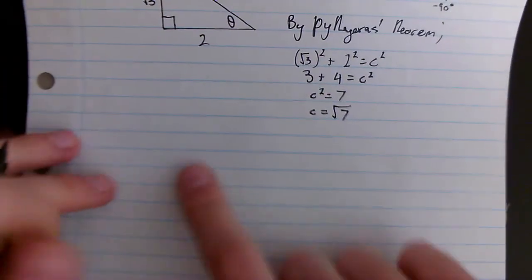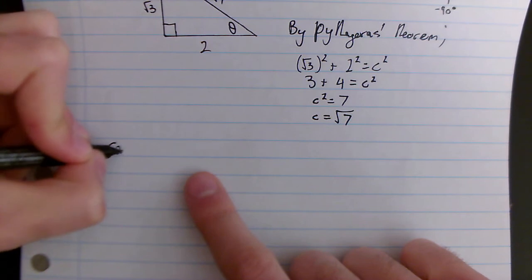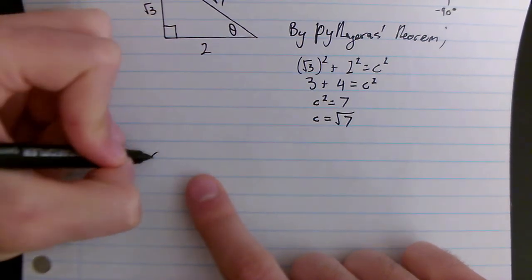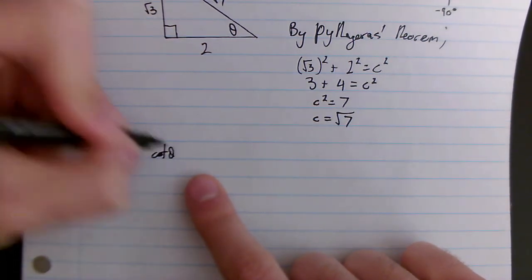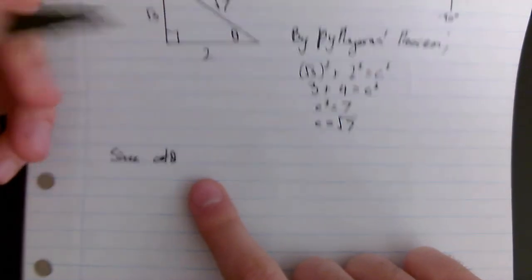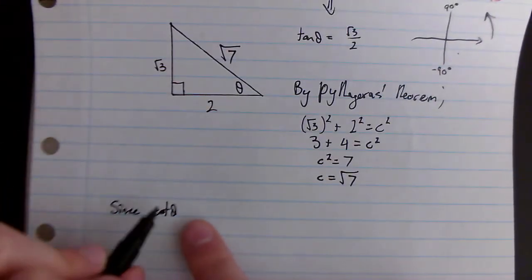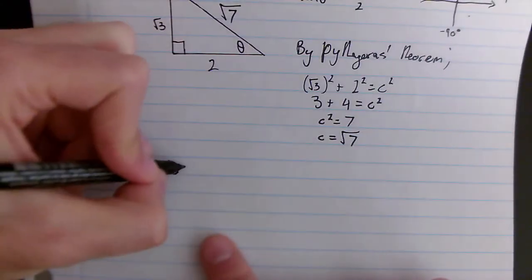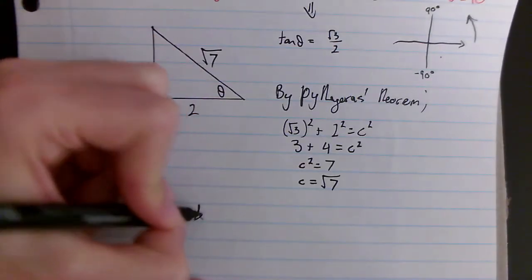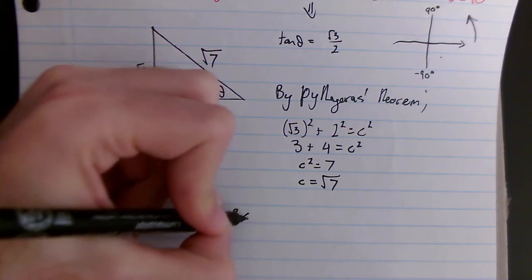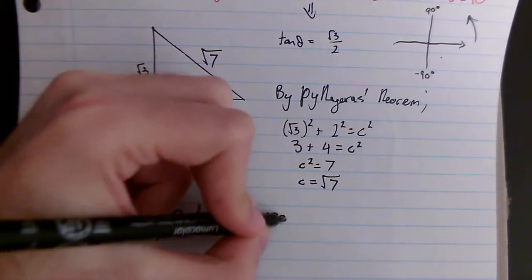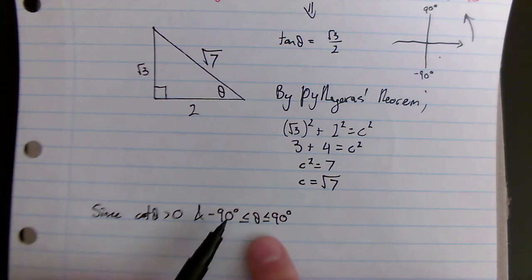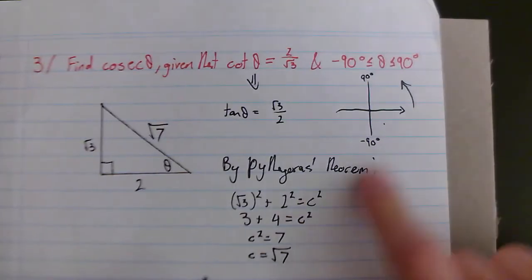Then we make that little statement and we say, since cot theta, which implies tan theta, is greater than 0, and theta is between negative 90 degrees and 90 degrees, that means it's between the first and the fourth quadrant, as we saw here.